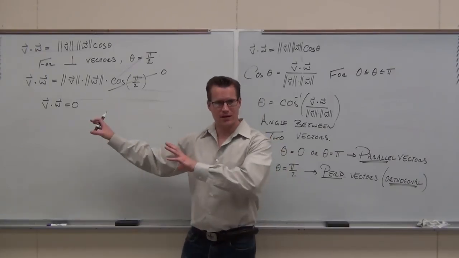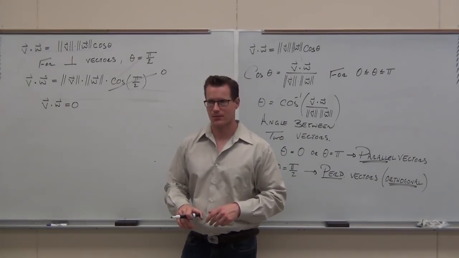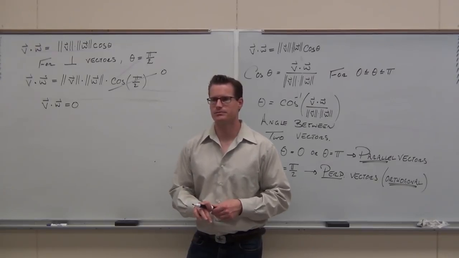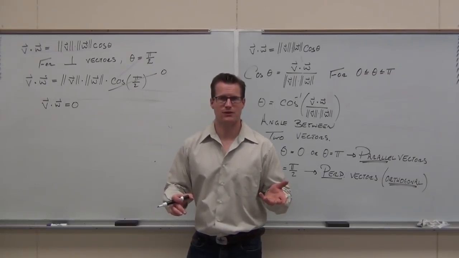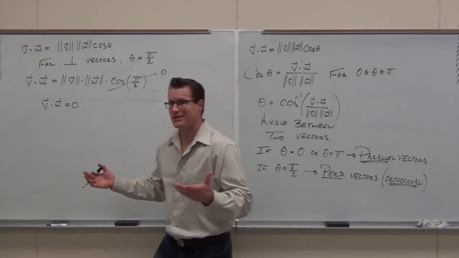So if I ask you on a test, how do you show that these two vectors are perpendicular? How are you going to do it? Dot product. If the dot product is 0, are your vectors perpendicular? Yes. If the dot product is not 0, are your vectors perpendicular? No. That's it.